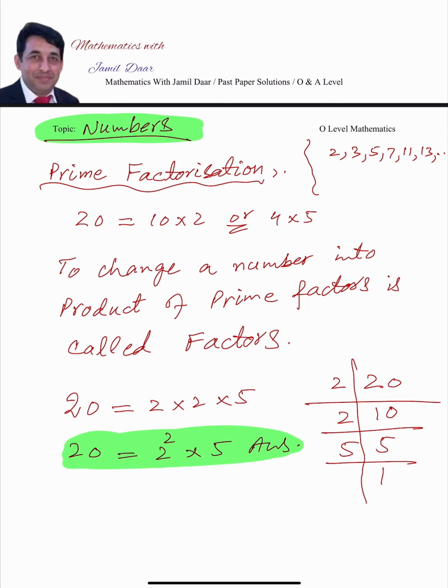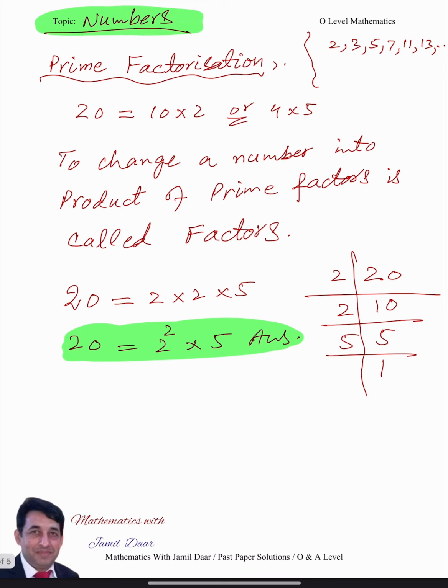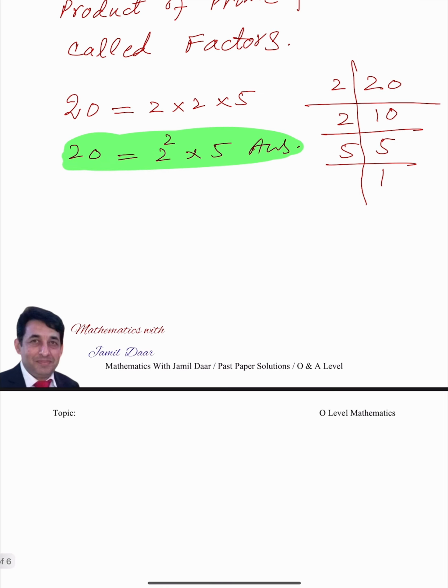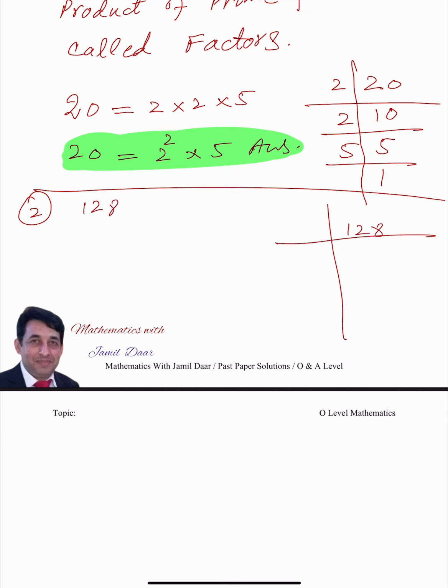Let me do another example for you. Find the prime factorization of 128. First prime number is 2. 2 sixty-fours are 128, 2 thirty-twos are 64, 2 sixteens are 32, 2 eights are 16, 2 fours are 8, 2 twos are 4, and 2 ones are 2.